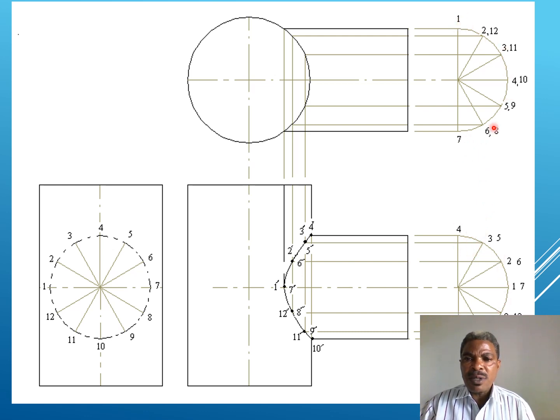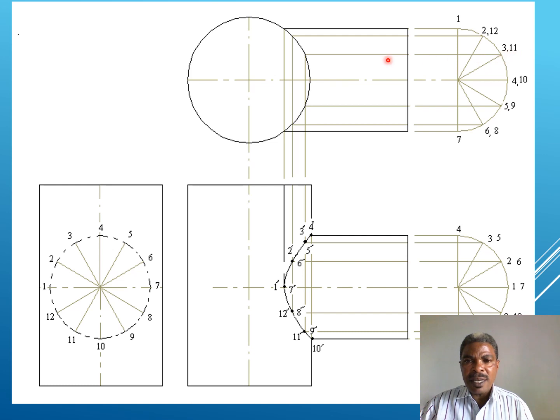From these points on the plan view, we have to project lines until they touch the circle of the standing cylinder. This is our plan view. So we have to project horizontal lines here. From 1 here, from 7 it is here, and from 4 and 10 they are projected and meet somewhere here at the surface.